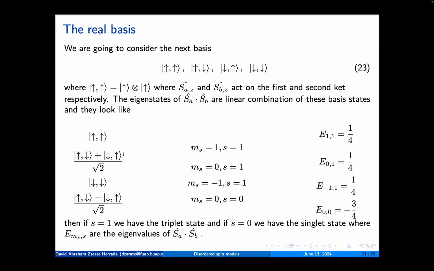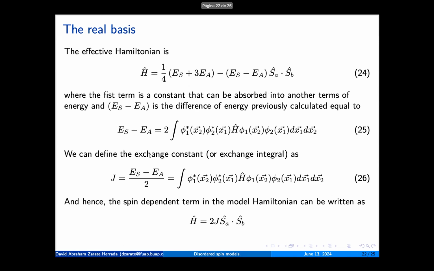And we can see that these three eigenstates are symmetric, and this eigenstate is antisymmetric. This is the triplet, and this is the singlet state.